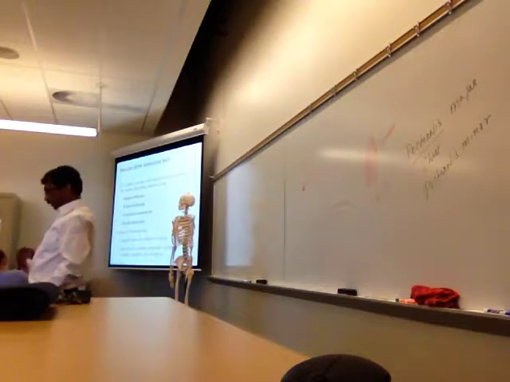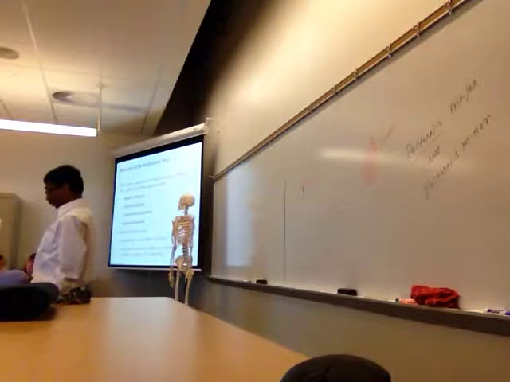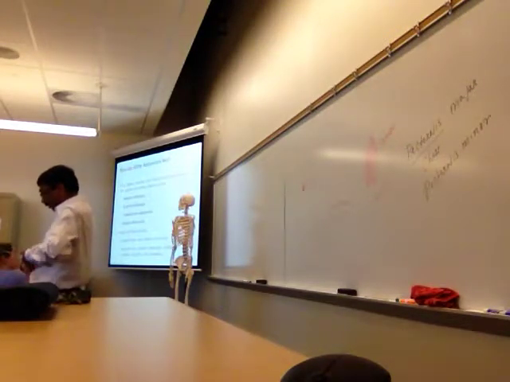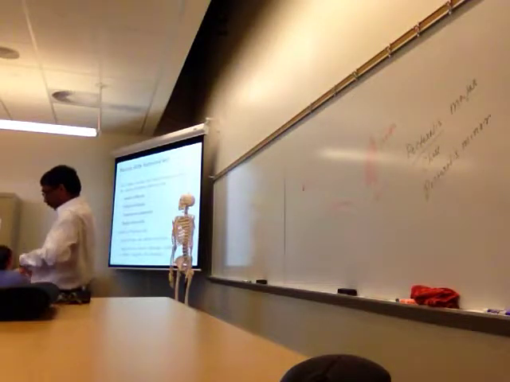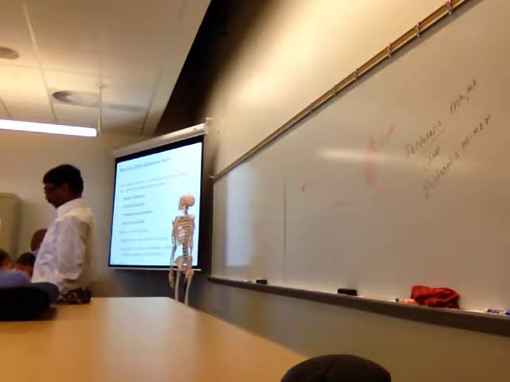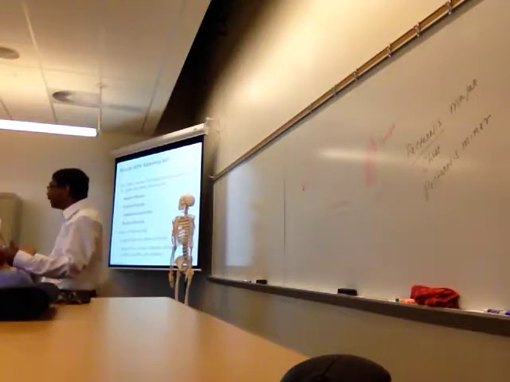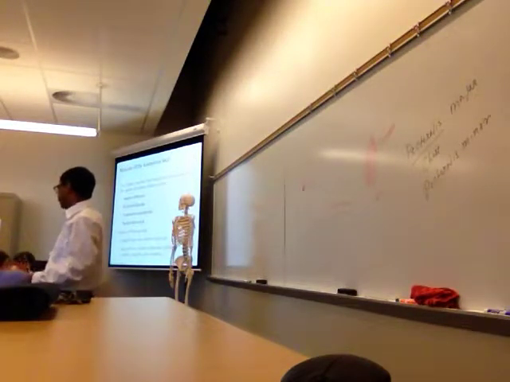Rectus abdominis muscle is located in the middle of the front of the abdomen, so in the very center. Going like this, and located here. The middle of the front of the abdomen. And fibers go straight down like this. That's why it is called rectus. Rectus what? Abdominis, in the abdomen.